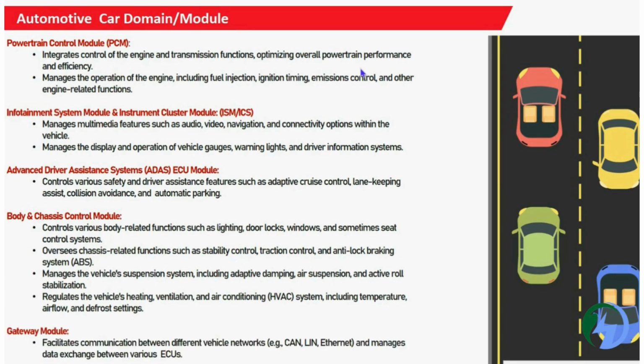And the gateway module. The gateway module handles the communication between one controller and other controllers, how they interact with each other, and how, if any software needs to be updated in recently purchased vehicles, the software will be updated via the gateway. The gateway is the entry ECU, the initial entry point.